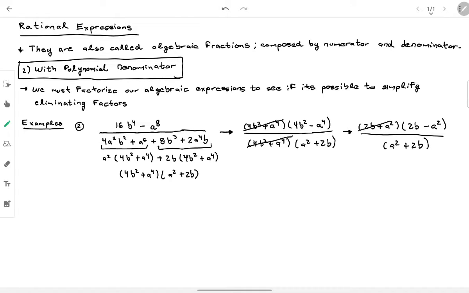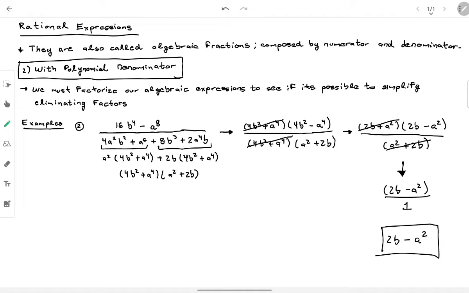This one and this one are exactly the same, so they can be simplified also. So our answer is going to be 2b minus a squared, all of it divided by 1. Something divided by 1, we don't need to put as a fraction, so our final answer is 2b minus a squared.